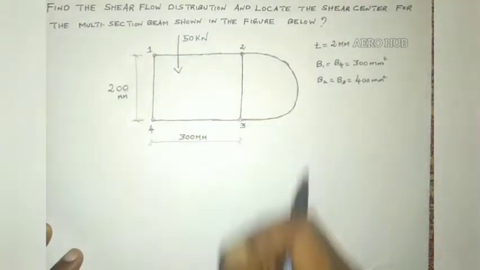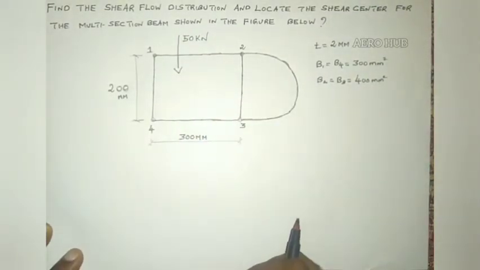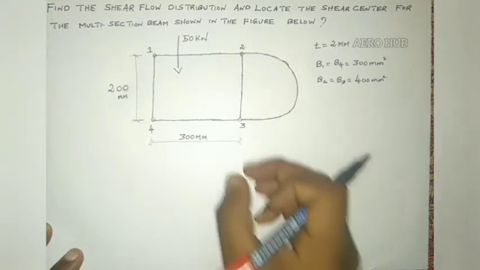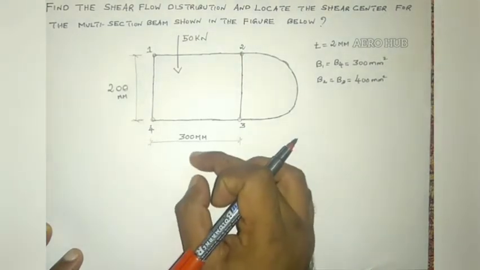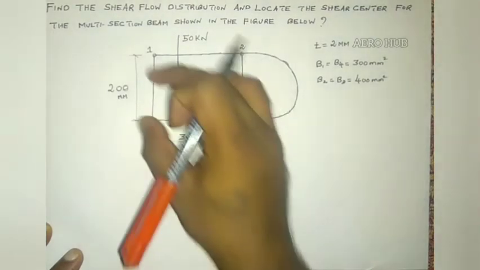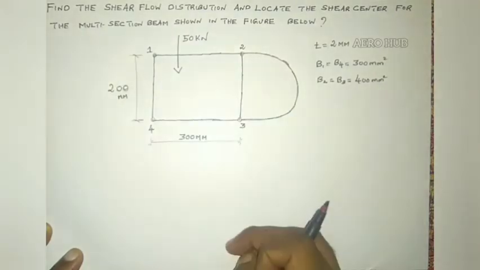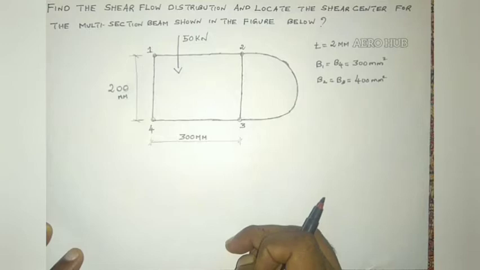We are applying a load of 50 kilonewton in the negative y direction, and this is the closed section. You can see the dimensions here: 300 millimeter of length and the height is 200 millimeter, and we have to find the shear flow as well as the position of the shear center.